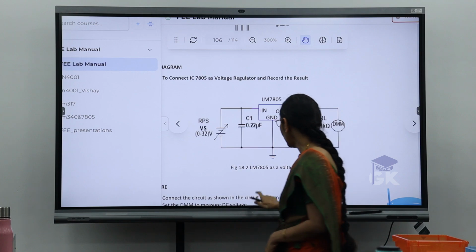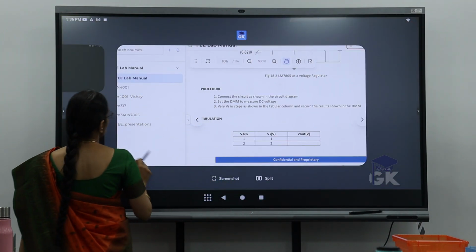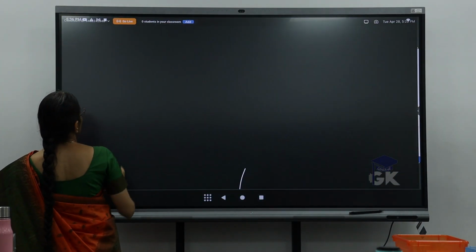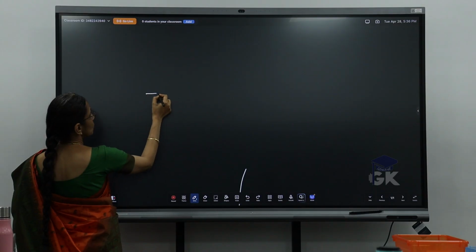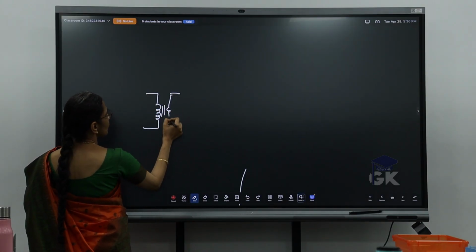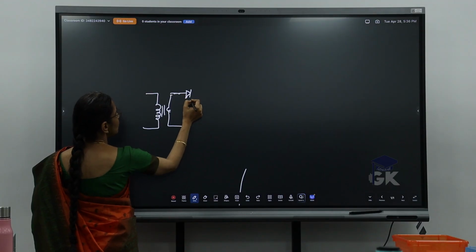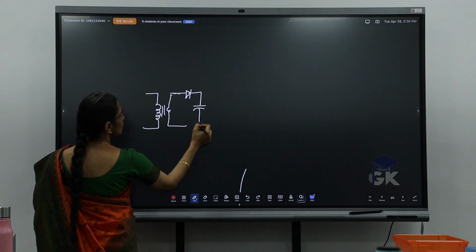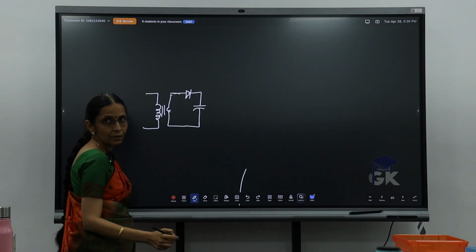So I'll just draw the circuit. You had your transformer, you had your diode, then your capacitor.